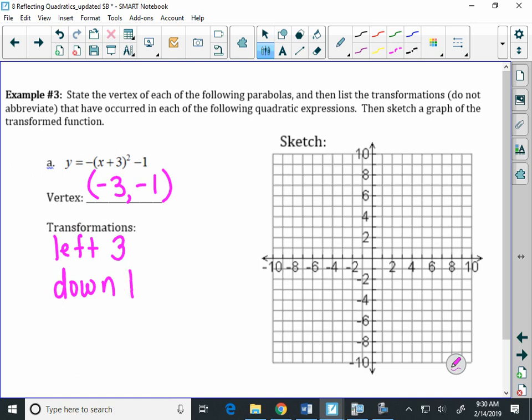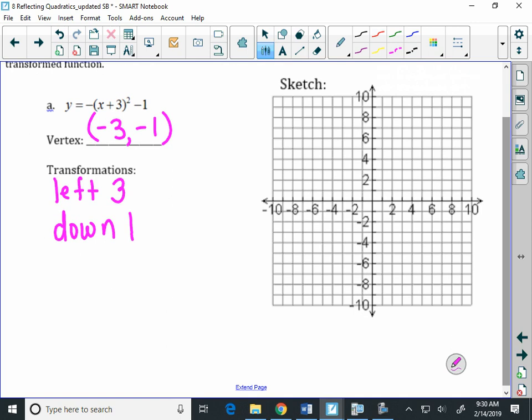But I don't want to overlook the fact that there's a negative in front of the parentheses. When there's a negative in front of the parentheses, it's outside, and that's going to be the reflection over the x-axis. And it's a little bit tight of a space on your paper, but I hope you can fit it in.